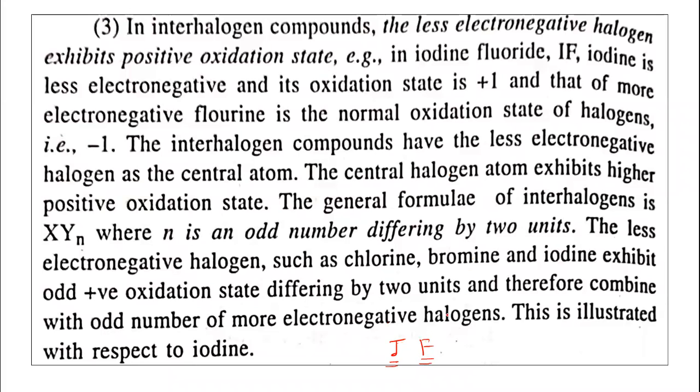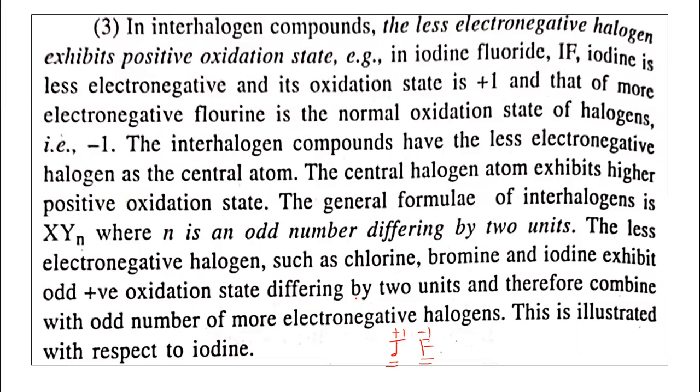Okay, so in interhalogen compounds, the less electronegative halogen exhibits a positive oxidation state, and the more electronegative halogen element shows a negative oxidation state. So in IF, the oxidation state of iodine is +1 and fluorine is -1.